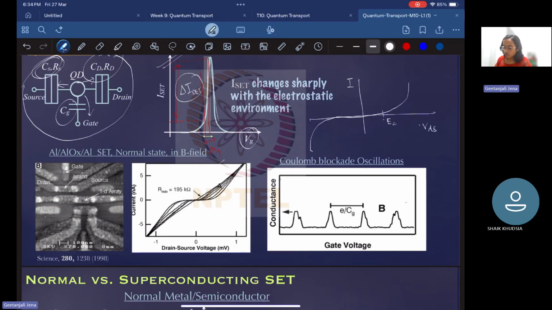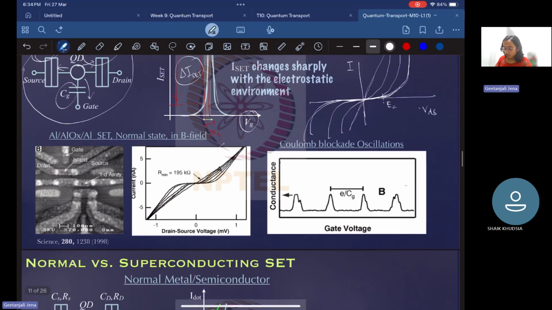But beyond this charging energy, we'll see the current increase because of the Coulomb blockade. This type of IV curve changes if you change the gate voltage. When we change the gate voltage, the graph looks like this, then like this, and then gradually we see an ohmic behavior when we apply sufficient gate voltage. These are the effects of gate voltage on the IV characteristics.